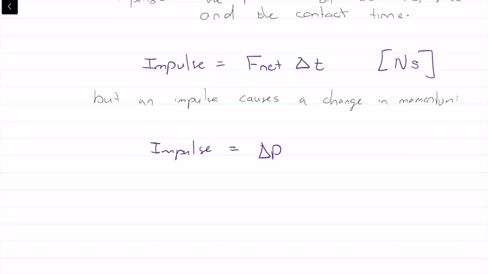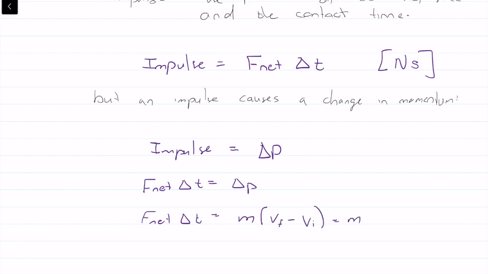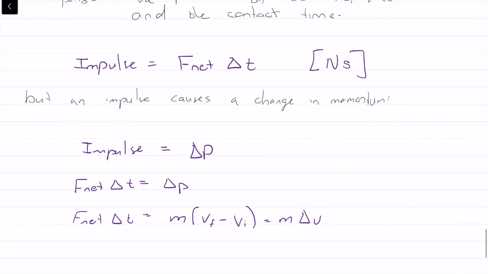Now we can equate these two equations, and we can say that F net from equation 1, times delta T, is equal to delta P. And delta P, we've already said, is equal to our mass times our final velocity minus our initial velocity, or m delta v. And because these are all impulses, the units are Newton seconds.